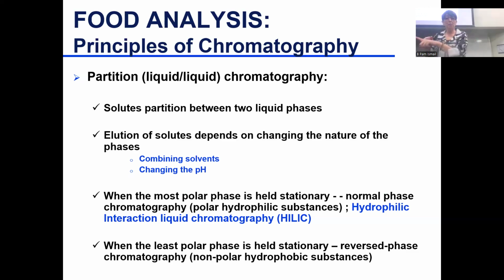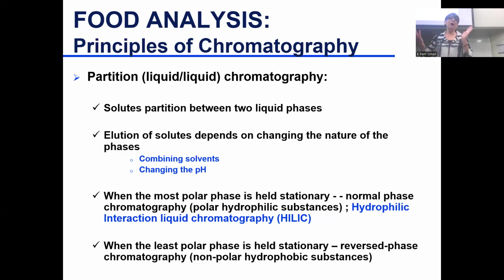We are going to talk about hydrophilic interaction liquid chromatography, which also separates based on the polarity of the components, and it is under normal phase. The only difference is that the mobile phase is actually not an immiscible solvent. It can be mixed with water.